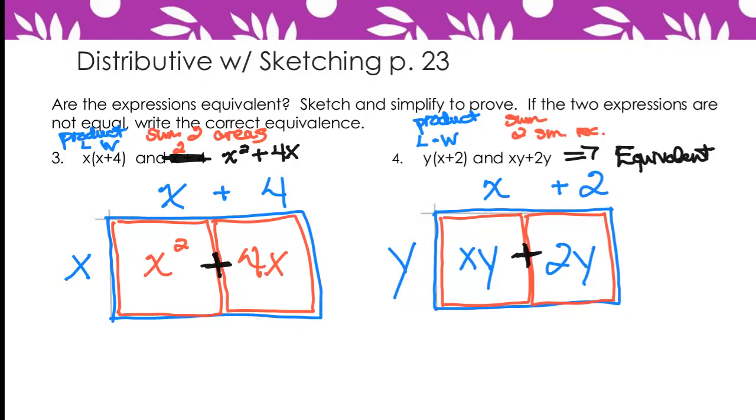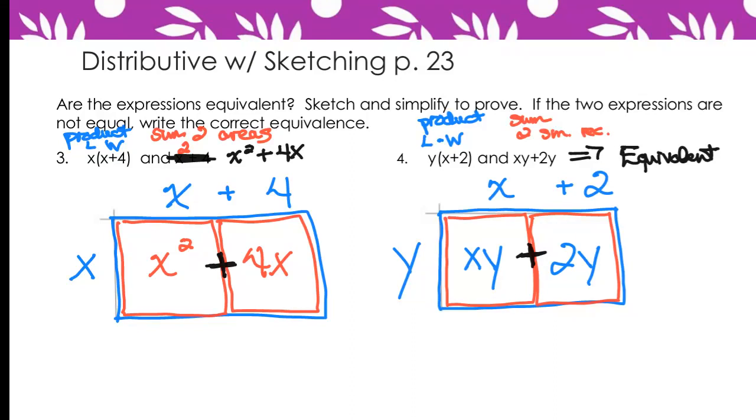All right, so as you are finishing up, take a look at those, see if you got the same answer. All right, so does everybody see those are equivalent?